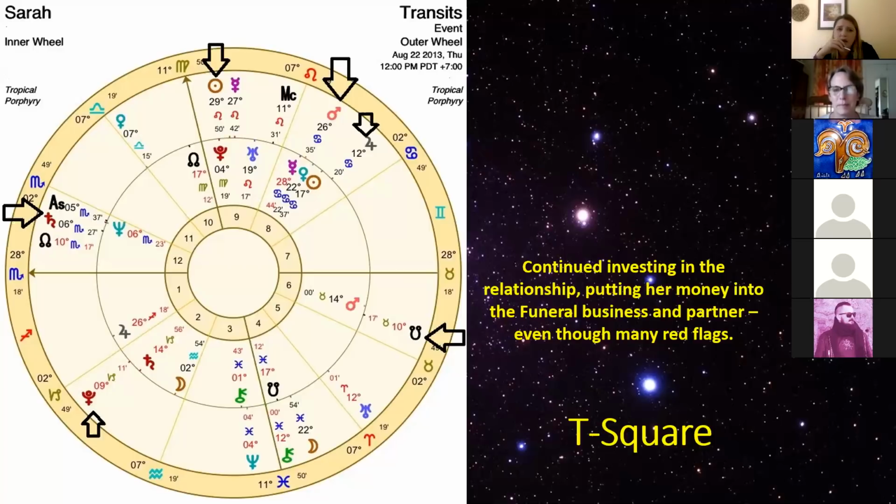And in the moment that this is going on, you also have Mars applying to the T-square, to the Mercury. It's only about 2 degrees away from the Mercury, so it's getting closer to really becoming more active. I mean, it's still within orb right now.